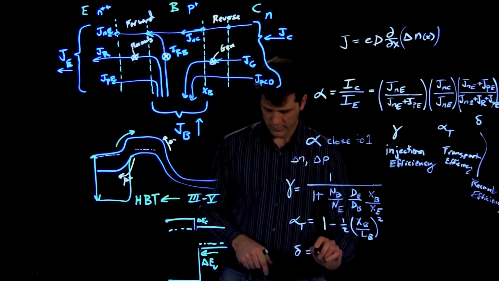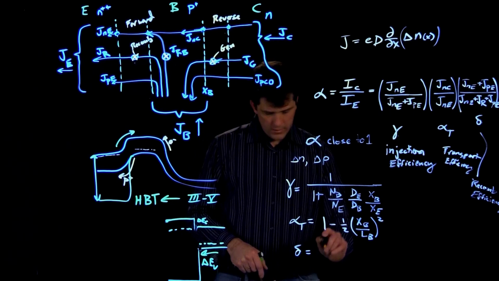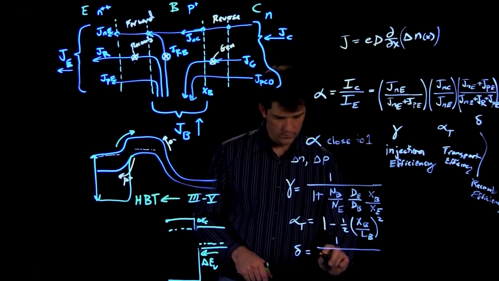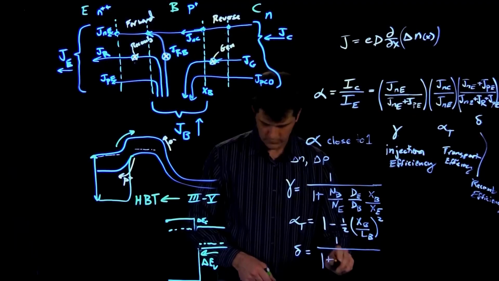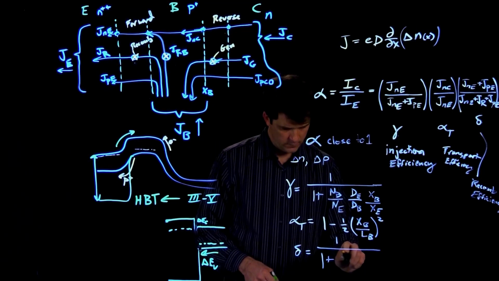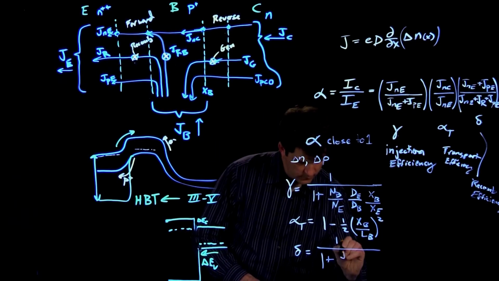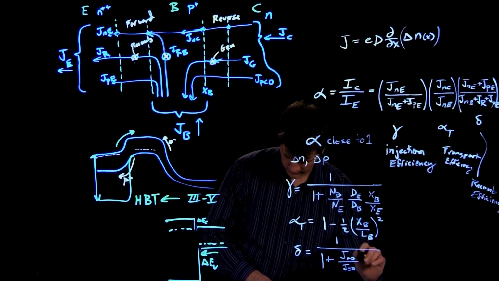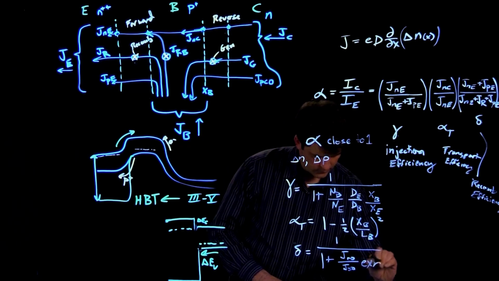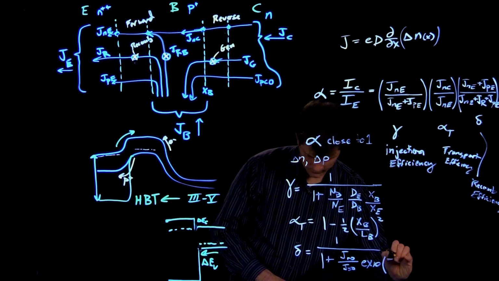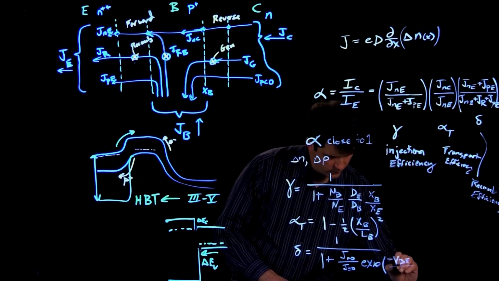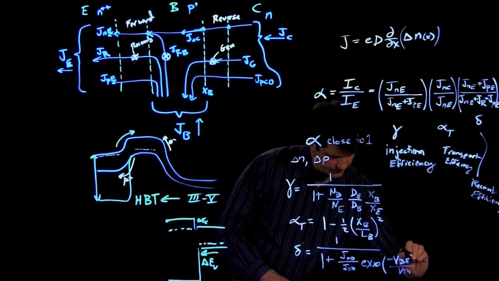And the last term here ends up being 1 over 1 plus J_R0 over J_S0 exponential to the minus V_BE over V thermal.